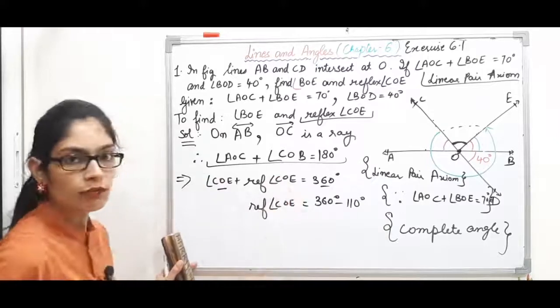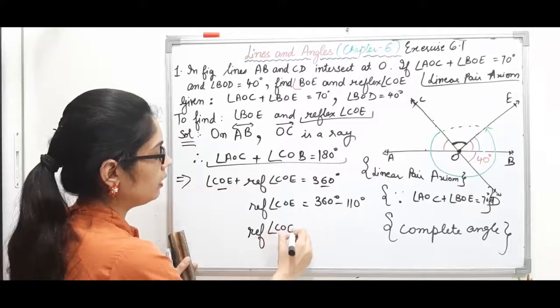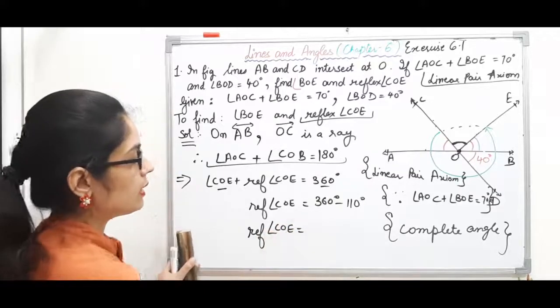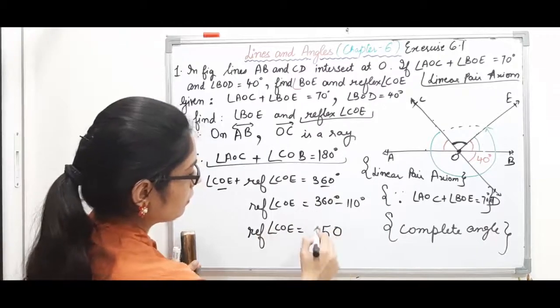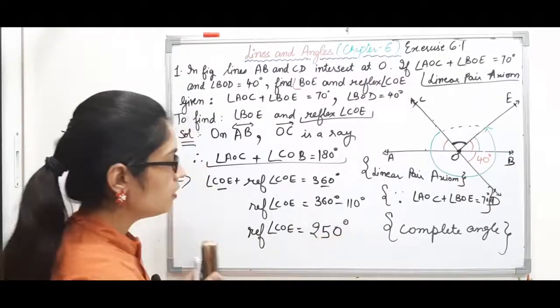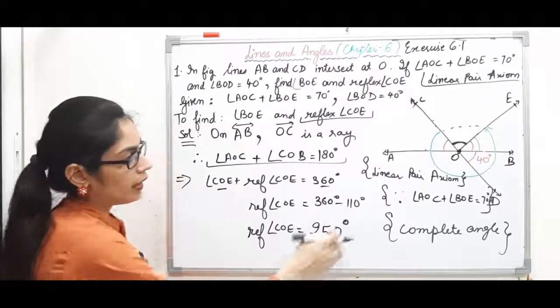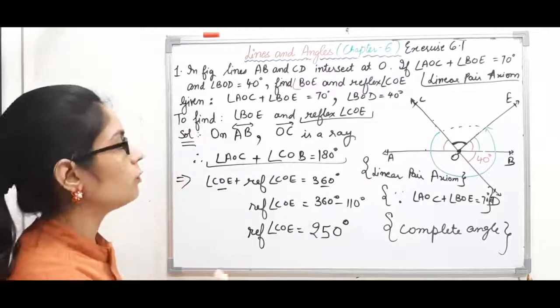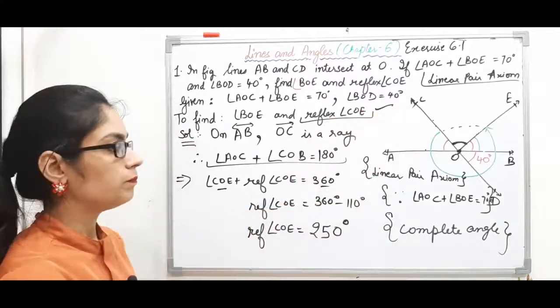So reflex of angle COE is equals to 360 minus 110. So we will do the subtraction now. So it is equal to 250 degree. Since we are representing the angle, every time you have to write the sign of degree also. So one thing we have found now, reflex of COE.